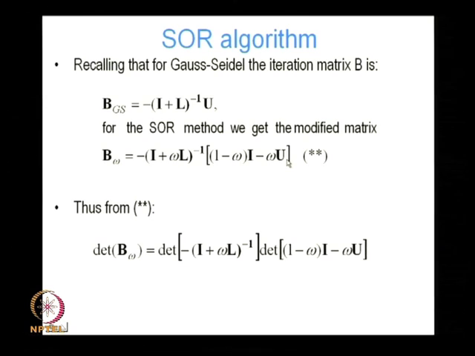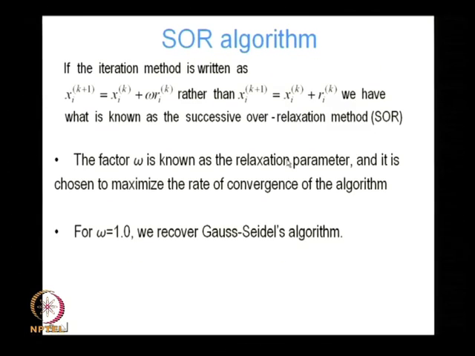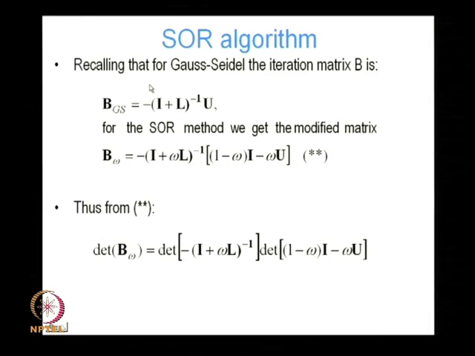It can be shown quite easily that if instead of xi^(k+1) equal to xi^k plus ri^k, I use xi^(k+1) equal to xi^k plus omega ri^k, then my B matrix changes from this matrix to this matrix.